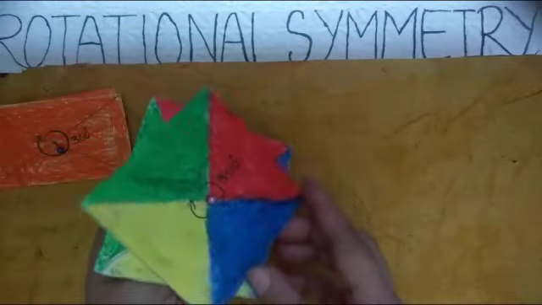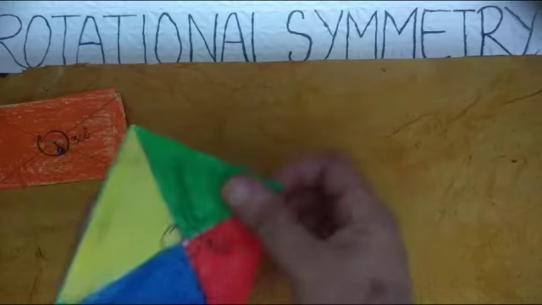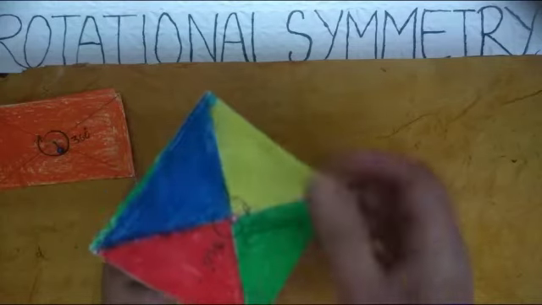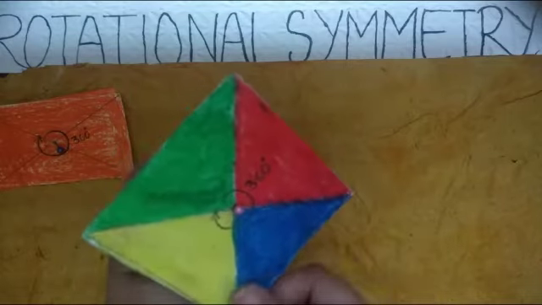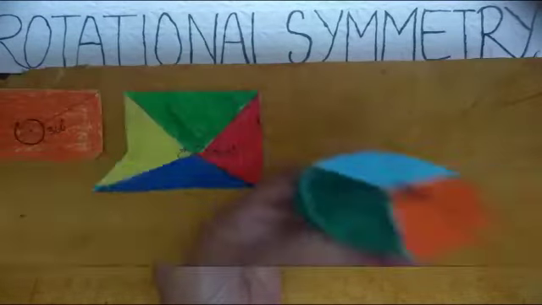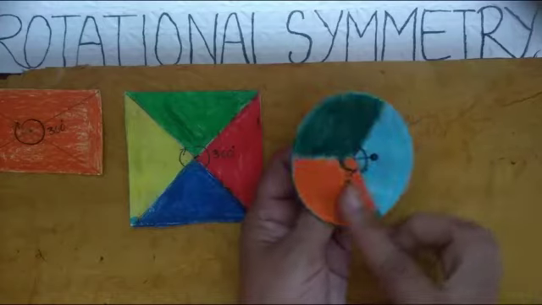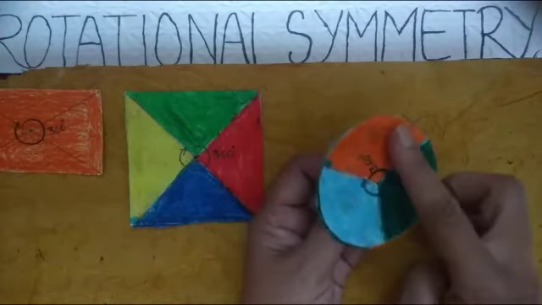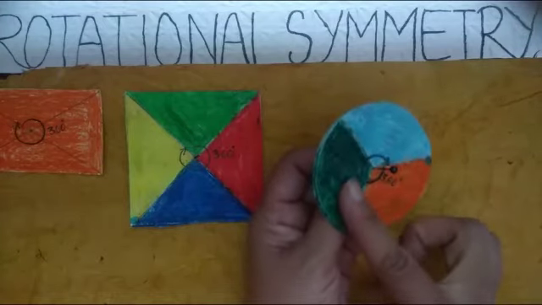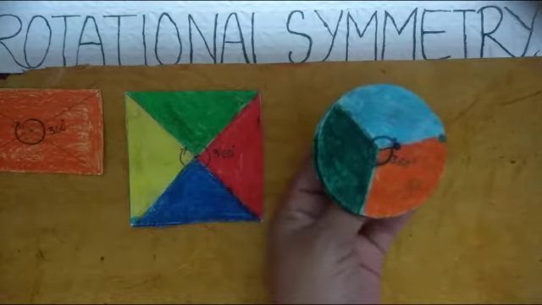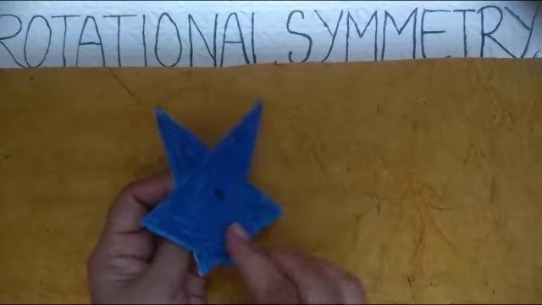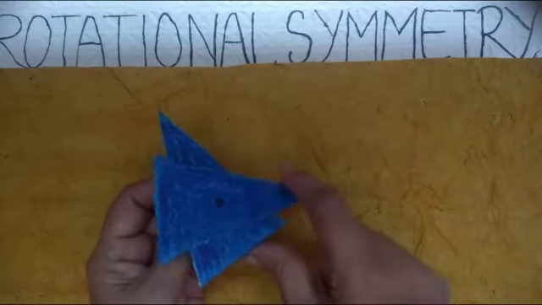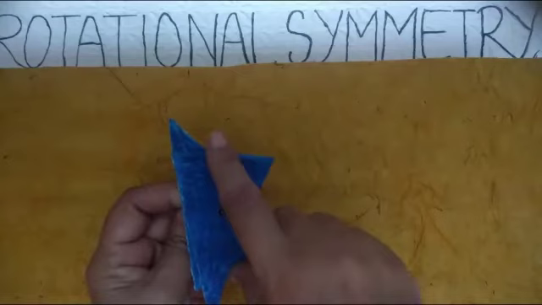During this journey of 360 degrees, there are certain shapes that look the same more than once in one complete journey of rotation. Now, if the figure looks the same more than once in one complete rotation, then it is said to have rotational symmetry. Now let us rotate this figure, which is an isosceles triangle, and look for its rotational symmetry.